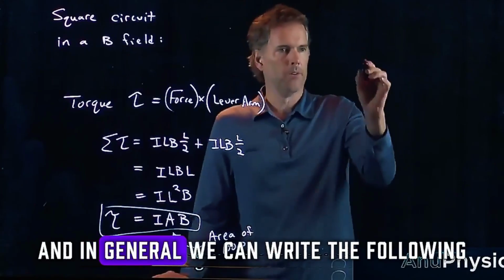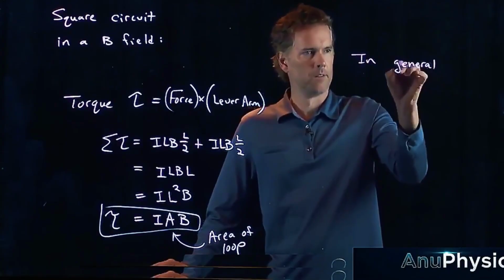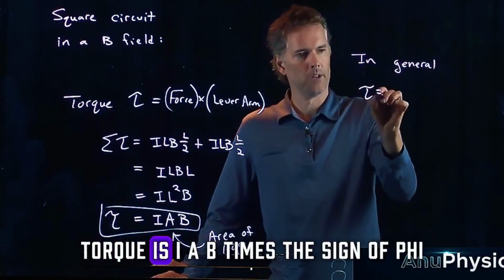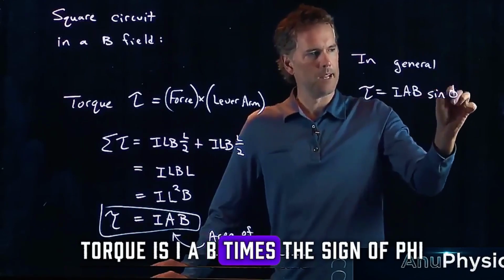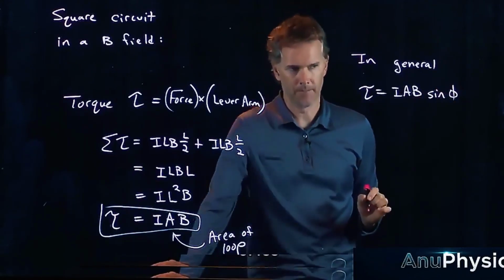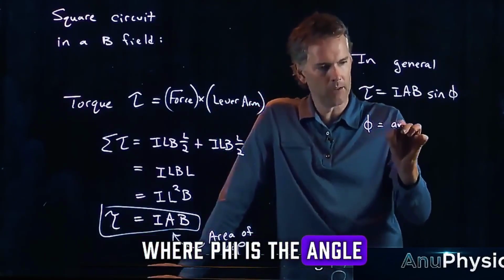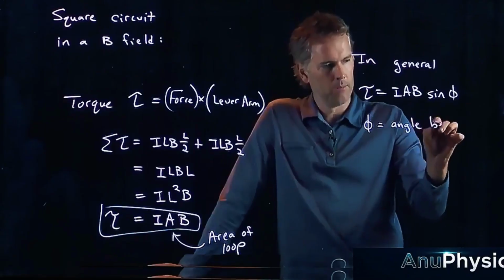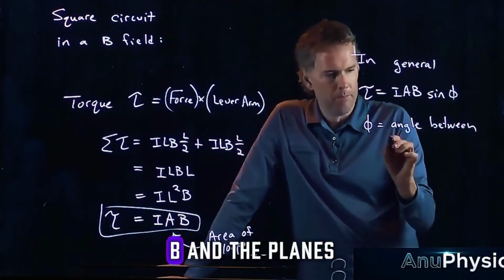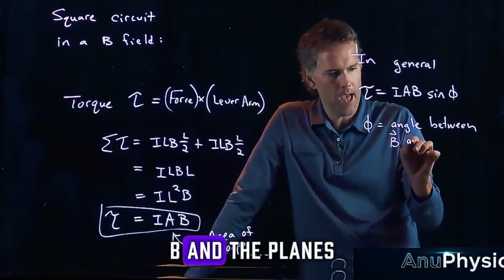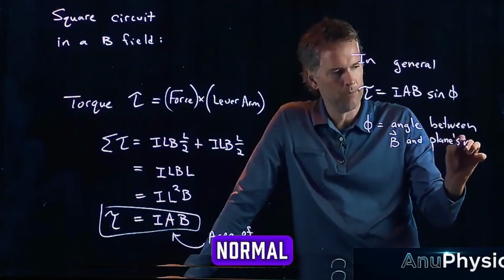And in general, we can write the following. Torque is I A B times the sine of phi, where phi is the angle between B and the plane's normal.